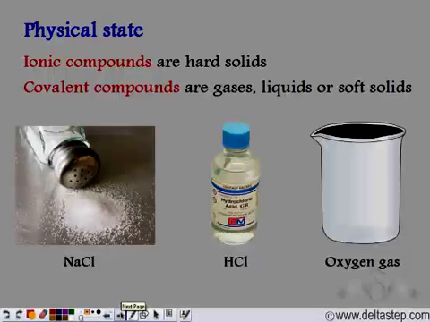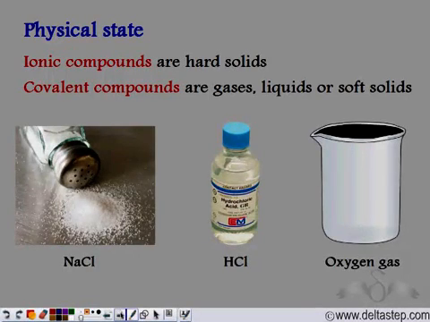Since ionic bonds are stronger than the covalent bonds, ionic compounds are generally solids in state. For example, solid NaCl, etc. Since the ions are strongly held together, the ionic compounds are generally solids. Whereas the covalent bond is weak in nature, therefore the covalent compounds are generally liquids.